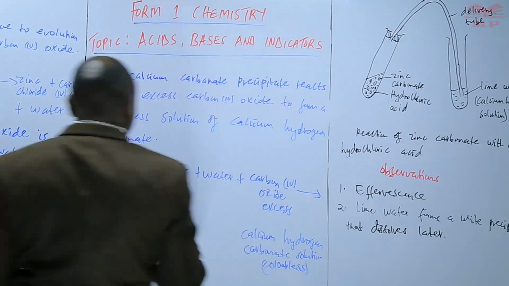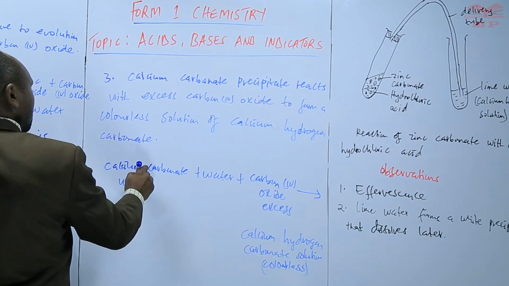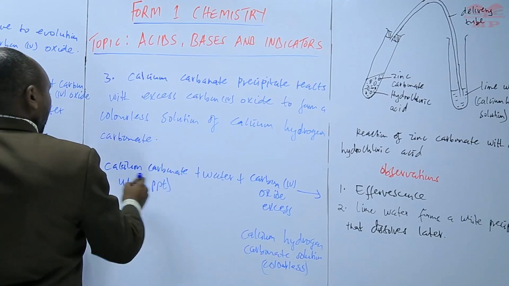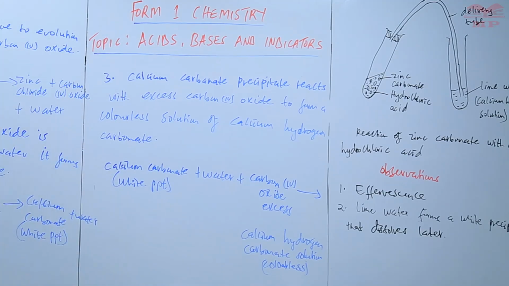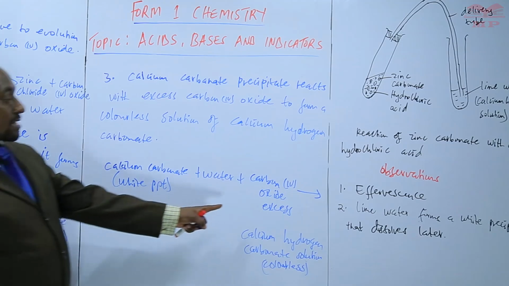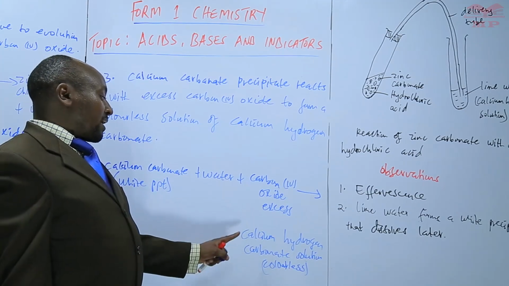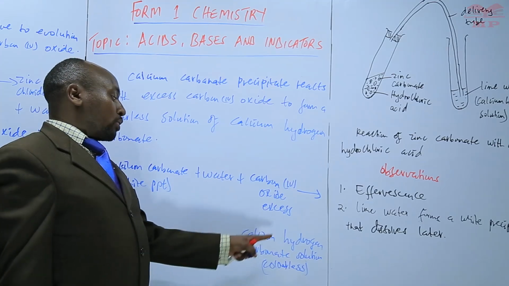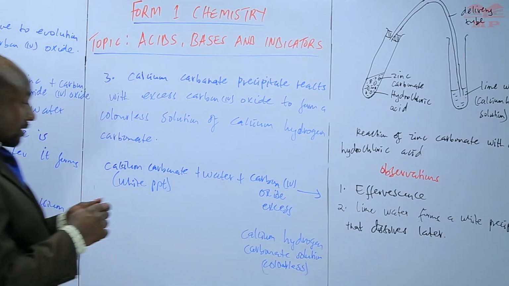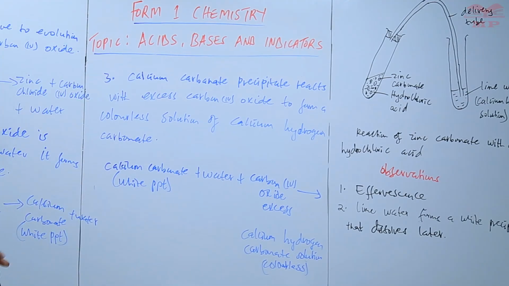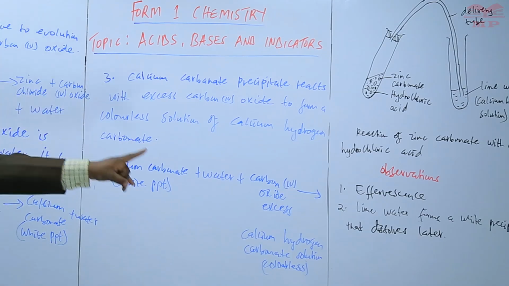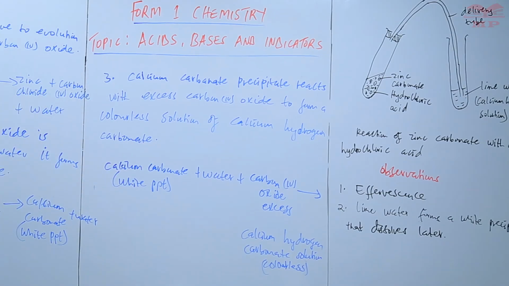So that is why the white precipitate, or the white cloudy substance, when you add excess carbon 4 oxide, dissolves because of the formation of calcium hydrogen carbonate solution. So there are 3 explanations. One, effervescence, because carbon 4 oxide is being produced.